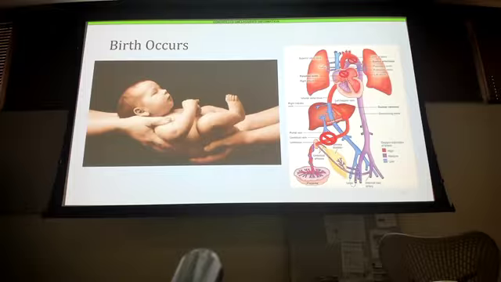And now you start to have the pressure on the left side increase, and it's going to close that foramen ovale valve. And then that ductus arteriosus is going to close off as well. So now you don't have these bypasses that you needed in utero.